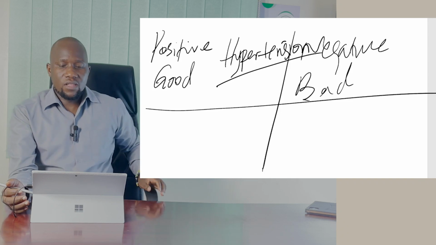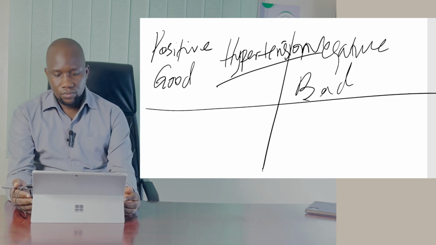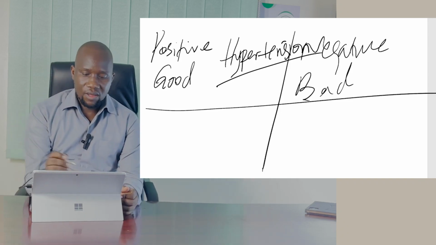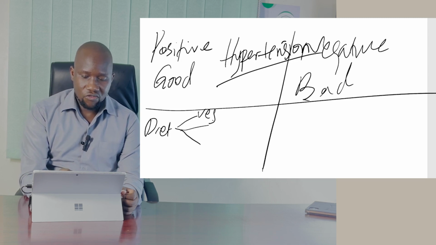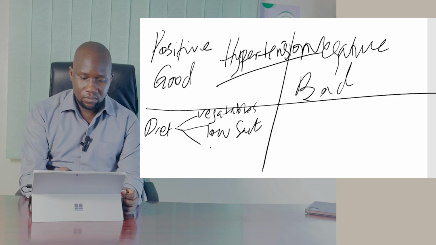So what happens with hypertension? If you are a good person, you are taking a good diet. That diet has a lot of vegetables, low salt, and low cholesterol.